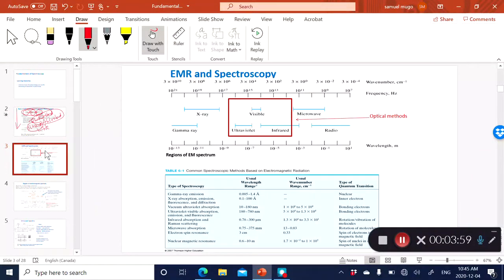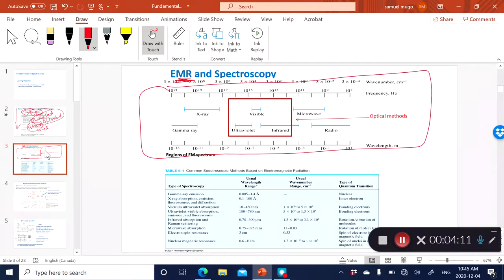Now, of course, in spectroscopy, the energy source, as I have said, is electromagnetic radiation, or light. Remember, light is a continuum of different energies of electromagnetic radiation. Of course, you've got different types of these radiations, such as gamma rays and X-rays, which are very high energy, penetrative kinds of radiation.